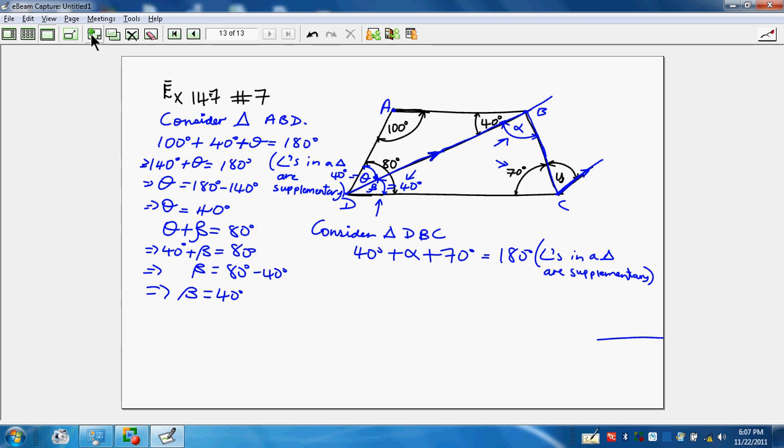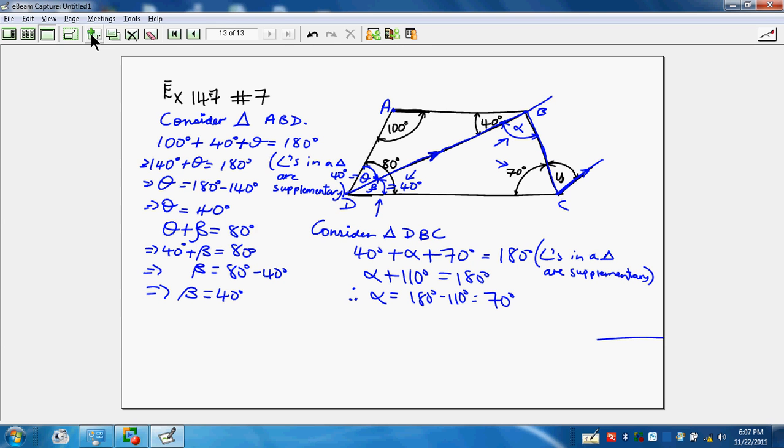So therefore, alpha plus, if we add 40 and 70 together, we get 110 degrees. It will be equal to 180 degrees. And therefore, from there, we could work out what angle alpha is. Angle alpha would be 180 minus 110, which is equal to how much? 70 degrees. Okay? So angle alpha is 70 degrees.